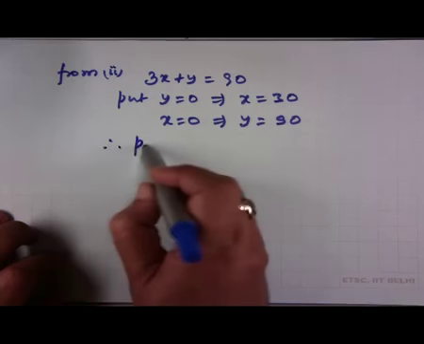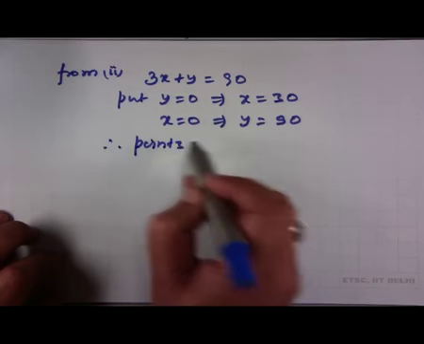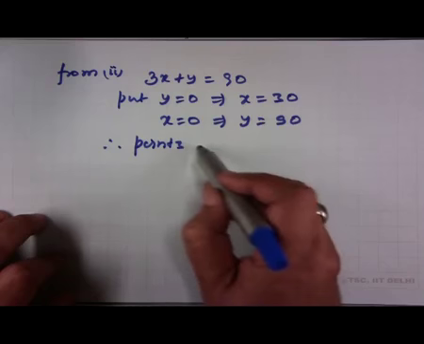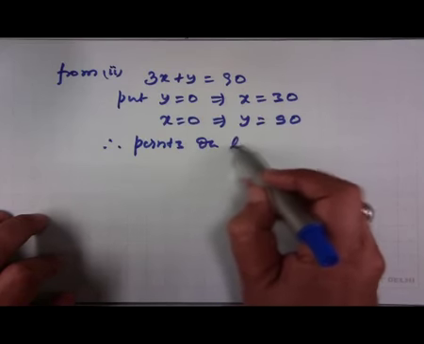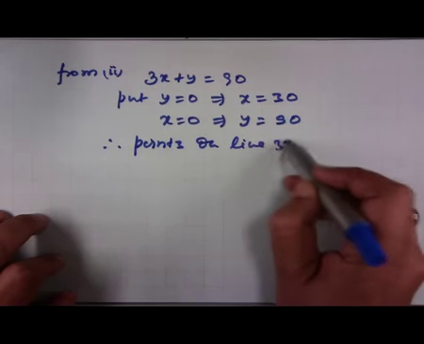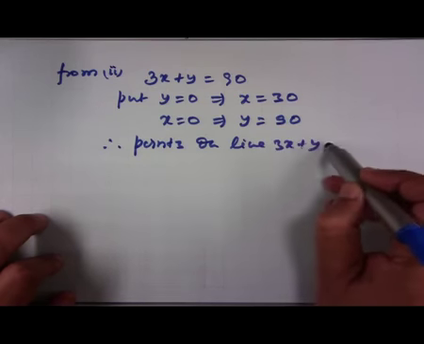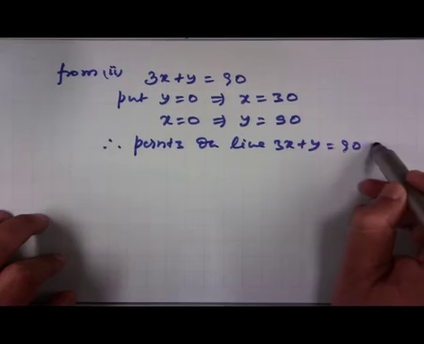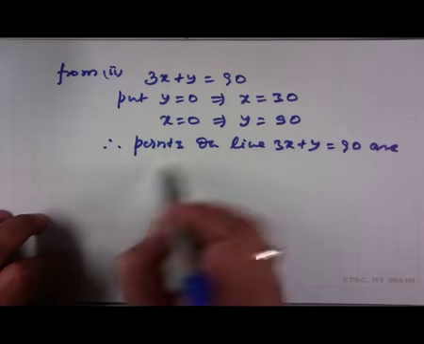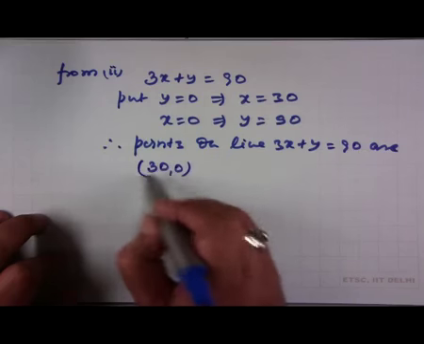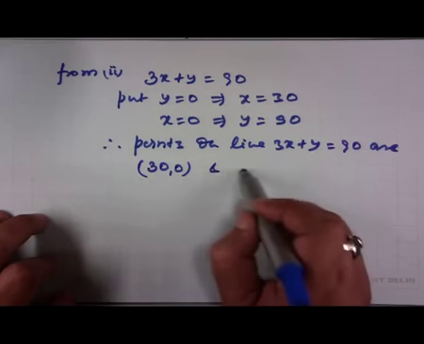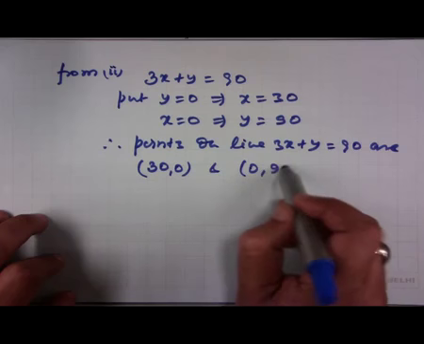So points on line 3x plus y equal to 90 are (30, 0) and (0, 90).